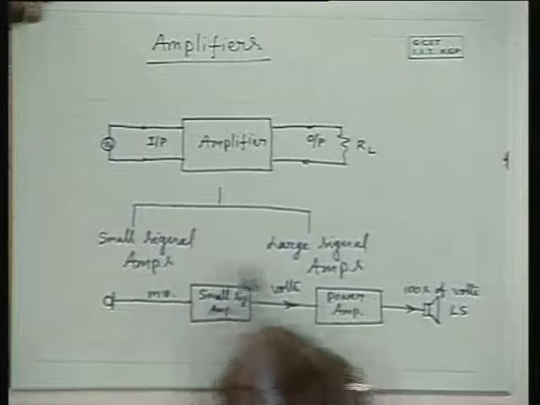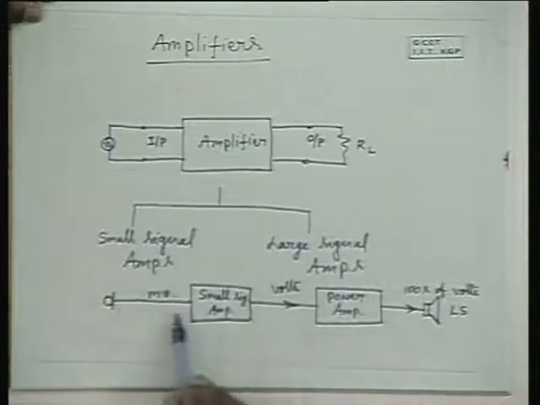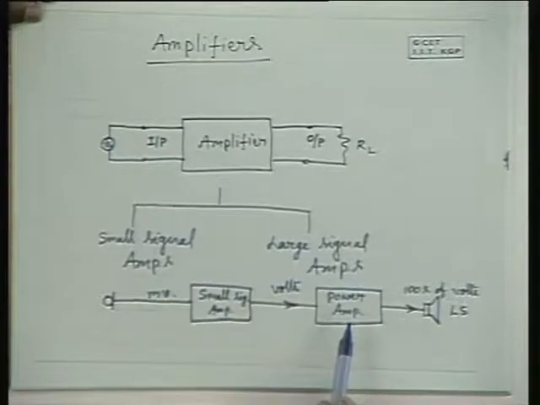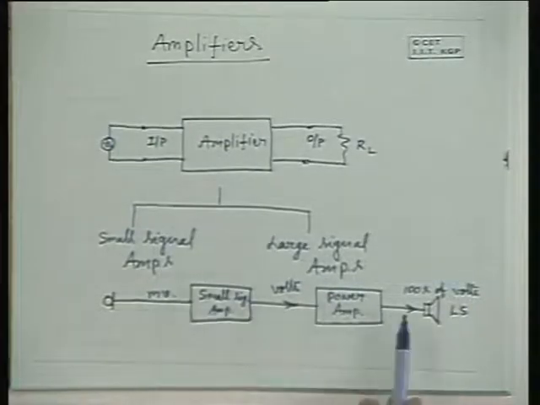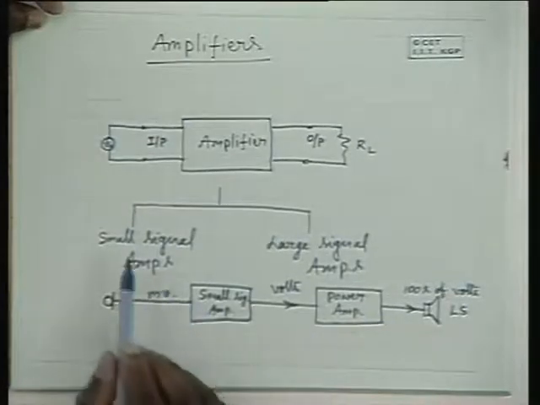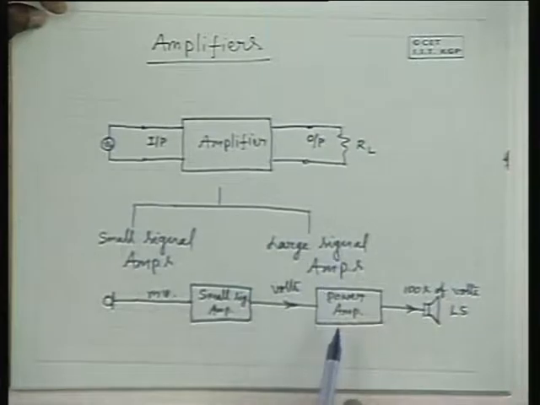So in a particular amplification application, you may have small signal amplifiers as well as large signal amplifiers. Depending on the application, the configuration varies. Hence, there are small signal amplifiers and large signal amplifiers.